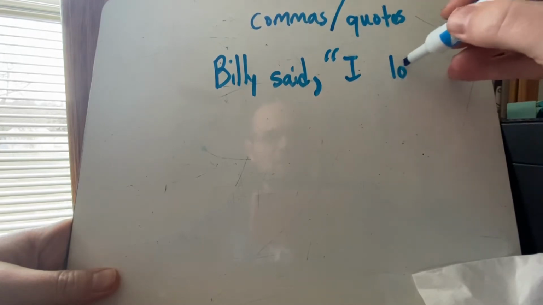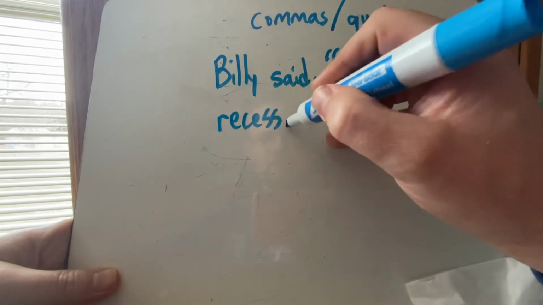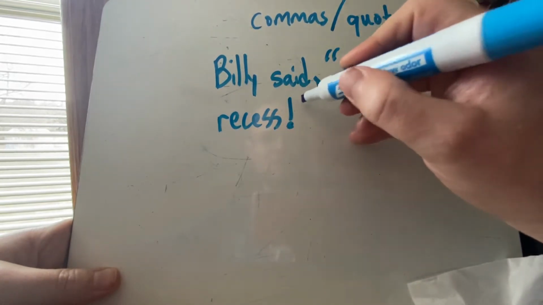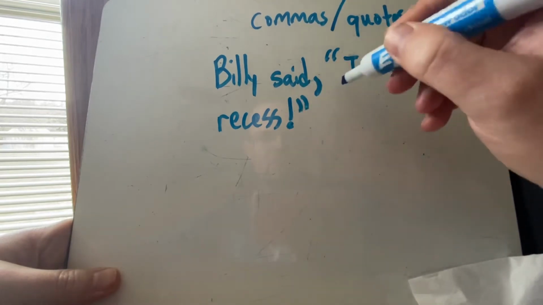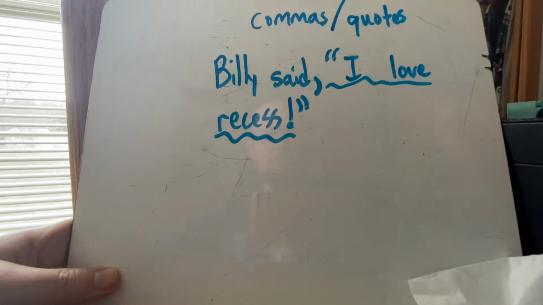I love recess! Exclamation, because he's excited about it. And then at the end, we've got to wrap up with a quote because what the person said is going to be inside of those quotes.